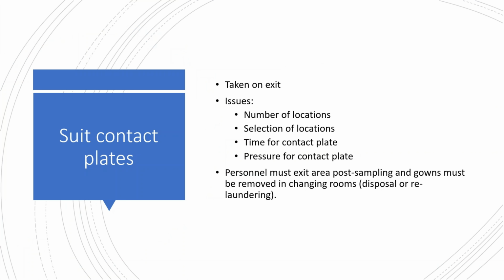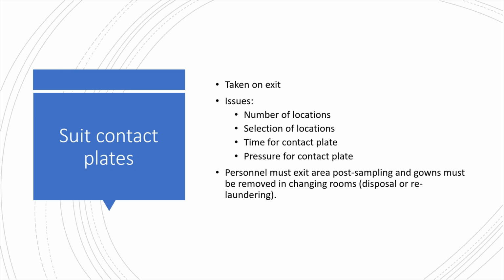So in terms of the taking of the plates, you do have choices to make about the number of locations for exit suit plates, how you're going to select locations, how long the contact plate will remain in contact with the gown for, and whether there is any control over pressure that can be made.